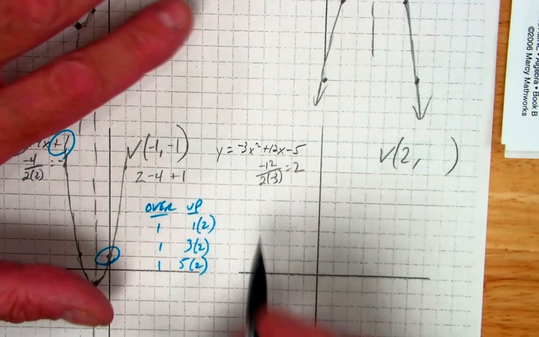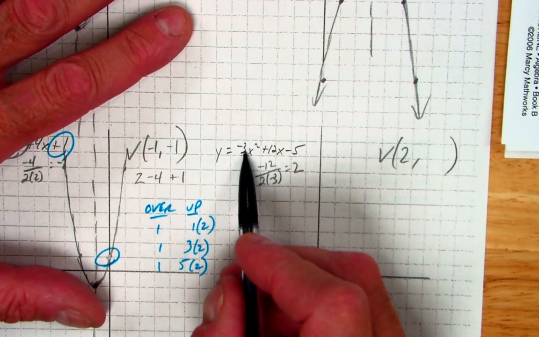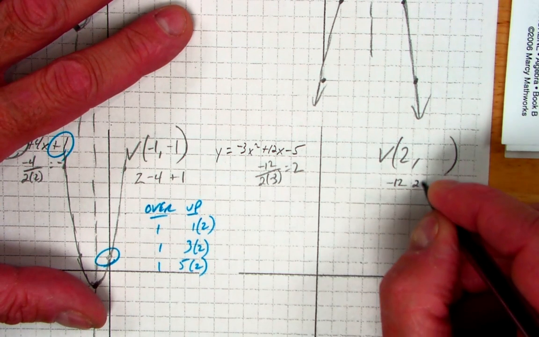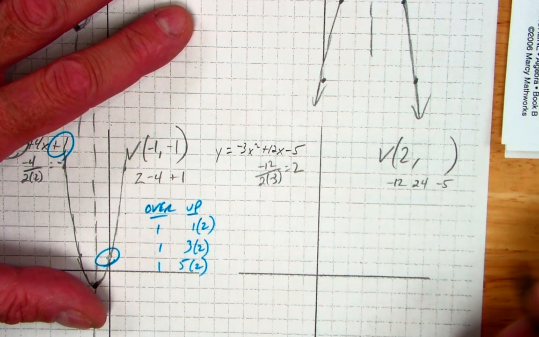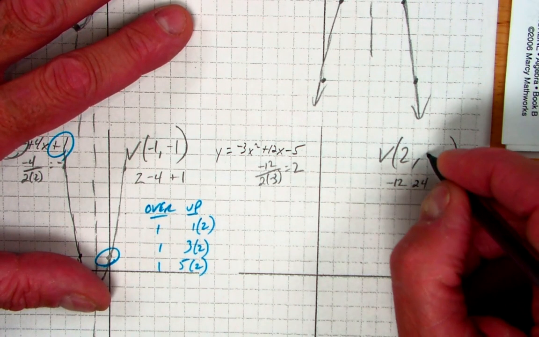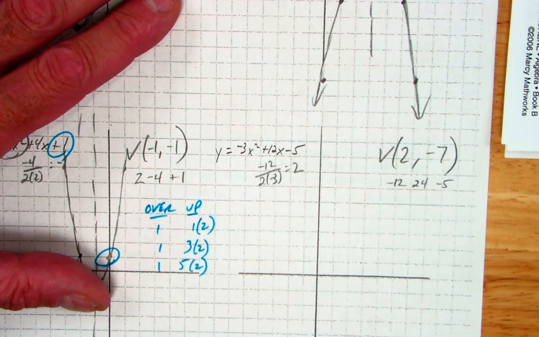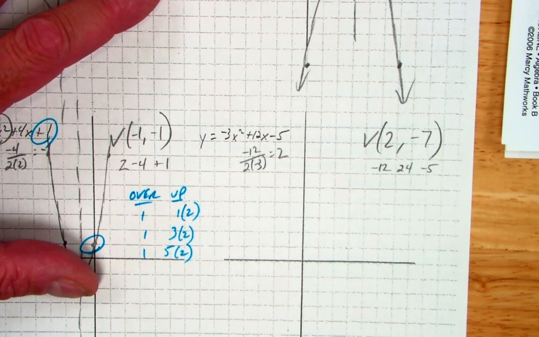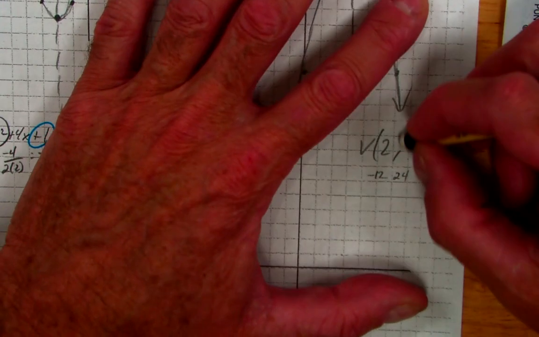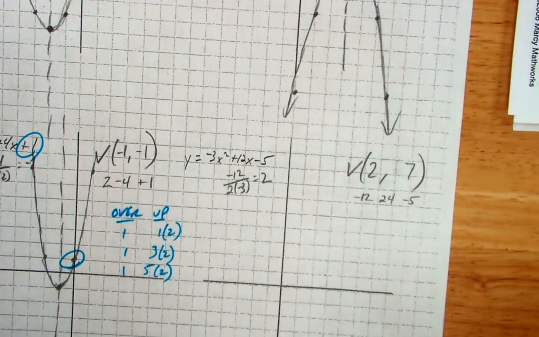Let's find out what my something is. 4 times -3 is -12. 24. -5. -7. No, it's +7. Duh.